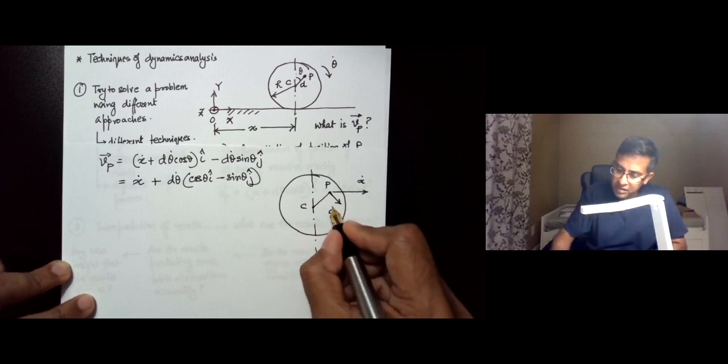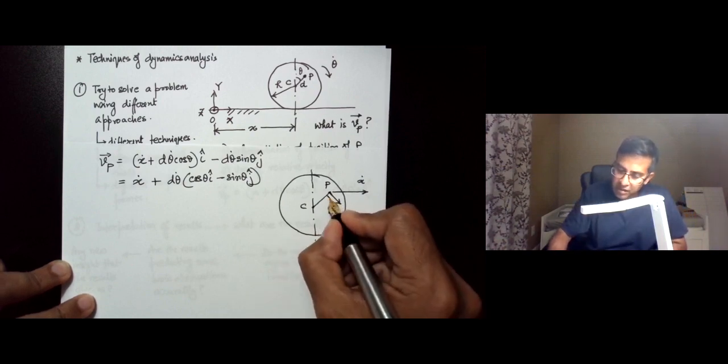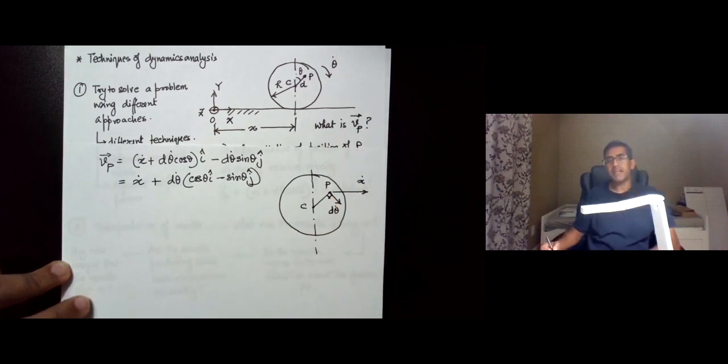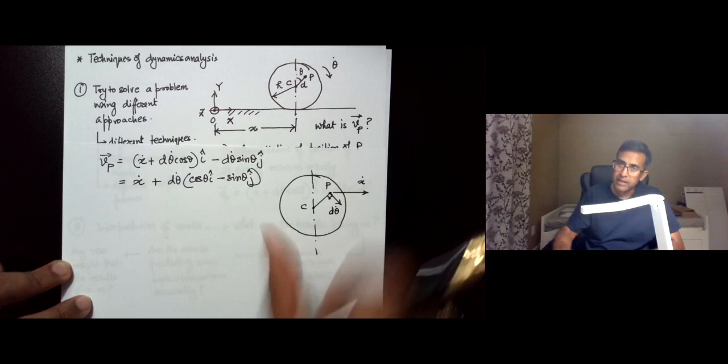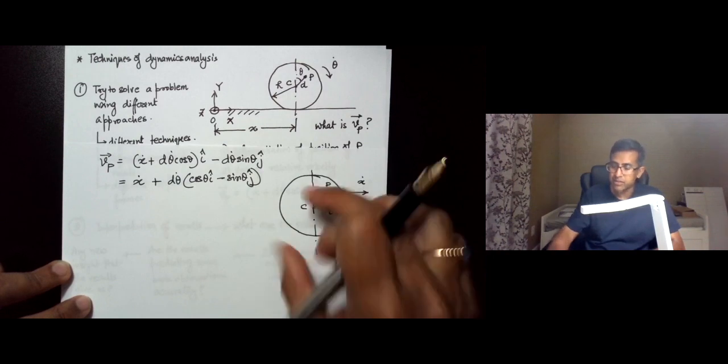So this is d theta dot and it's perpendicular to CP, and this is the velocity component that comes from the fact that the disk is turning, is rotating.